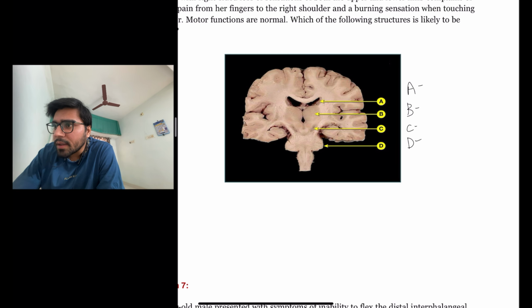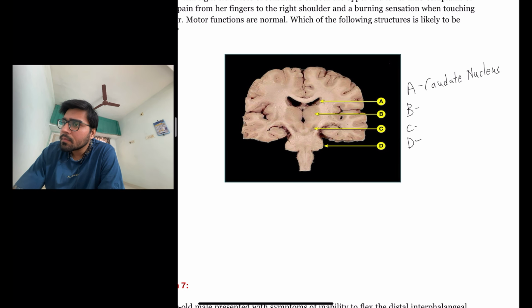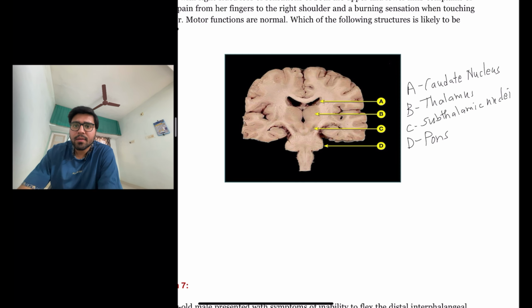This A is the caudate nucleus, the B is thalamus, the C is subthalamic nuclei, and the D marked here is pons.